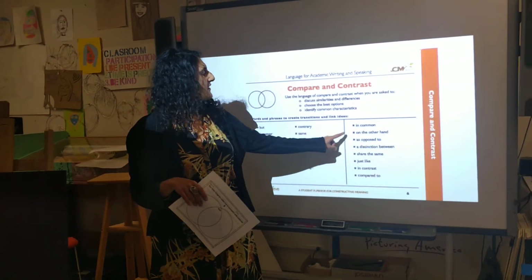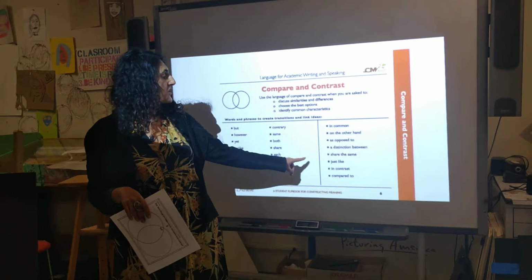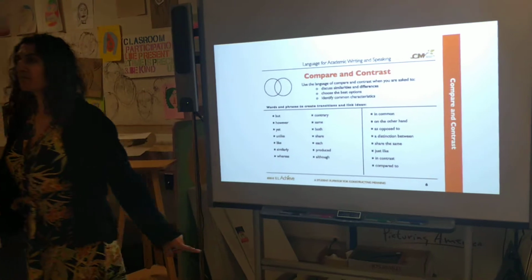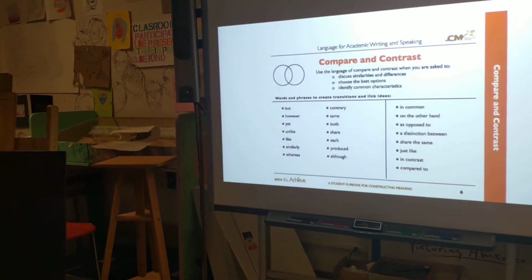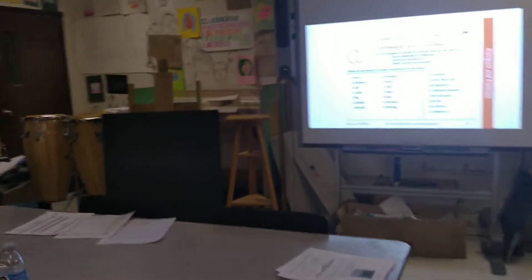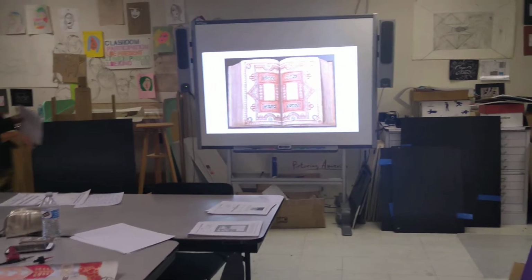In common, on the other hand, as opposed to, a distinction between, share the same, just like, in contrast, compared to. Are there any words here that you have never heard before? So everybody knows what they mean, how to use it? Okay, great.